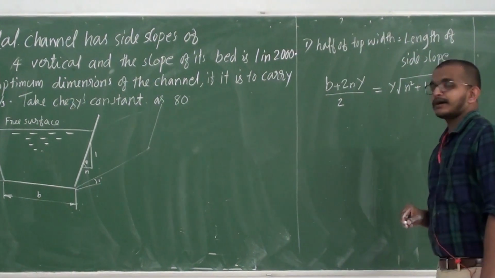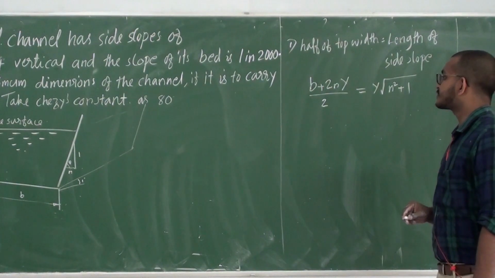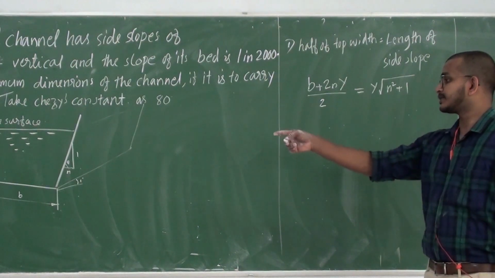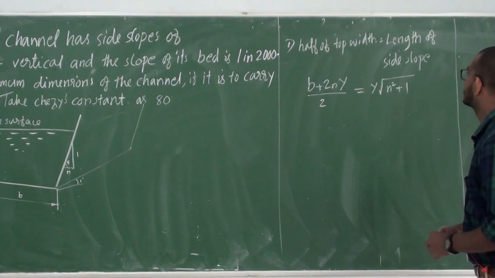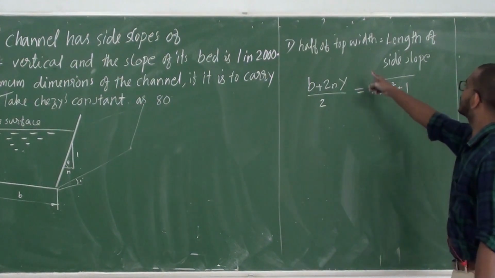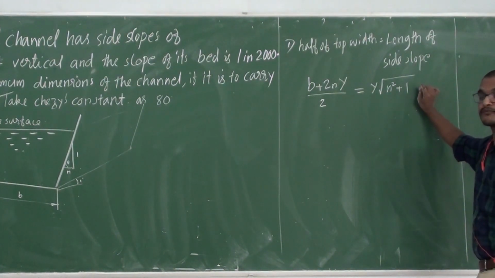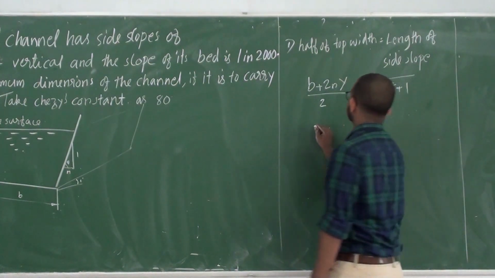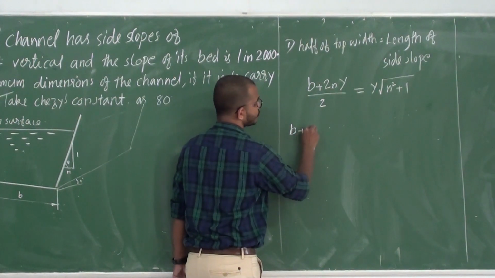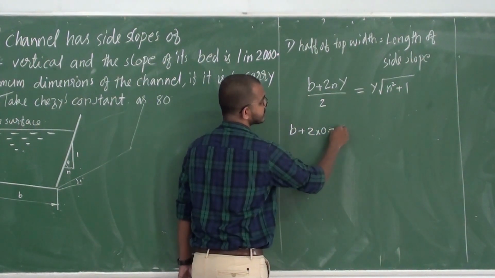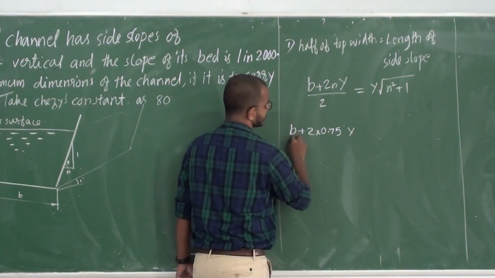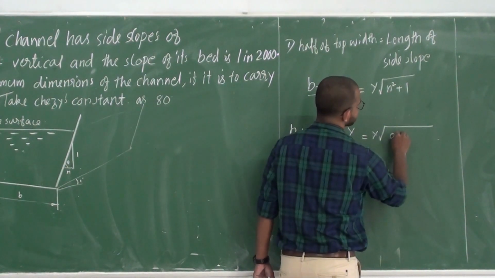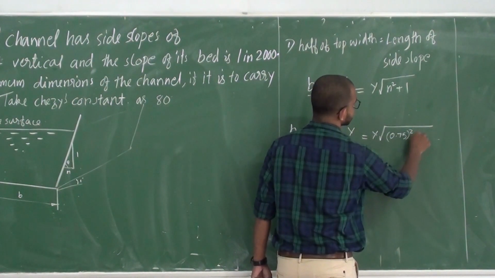So, we are asked to find the optimum dimensions of the channel, that means B and y. Let us apply the first condition: half of top width is equal to length of side slope. B plus 2ny by 2 is equal to y into square root of n square plus 1. Let us substitute n. B plus 2 into 0.75 y by 2 is equal to y into square root of 0.75 square plus 1.